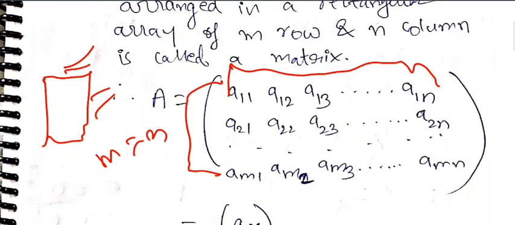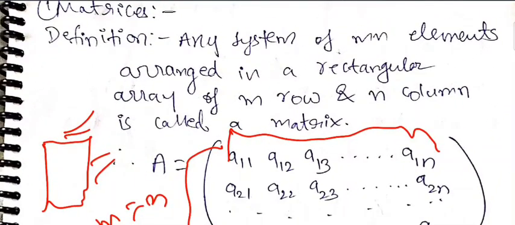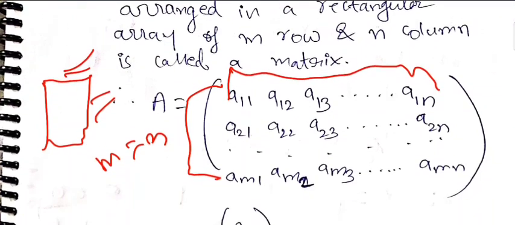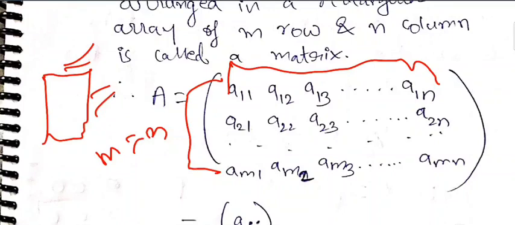So in order to keep the statement general, I have defined it as any system of mn elements. Why mn elements? Because there are m rows and n columns, so mn elements will be there.